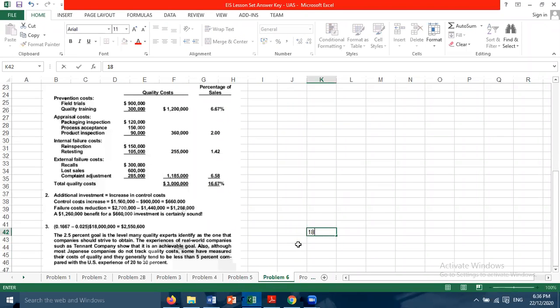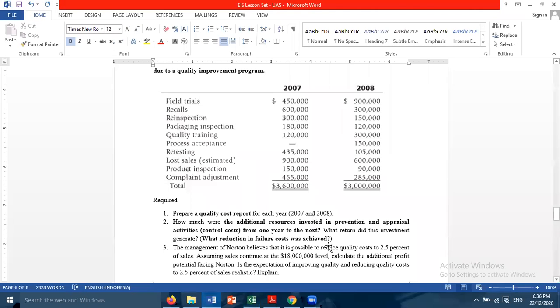So how do we do that? Simply, our sales is 18 million, right? All we need to do is find 2.5% of 18 million, which will be 450,000, okay. 450,000, which we will need to reduce from our original quality cost.